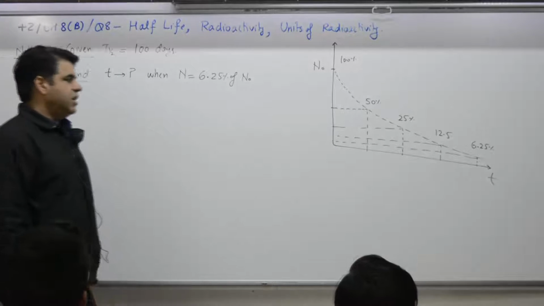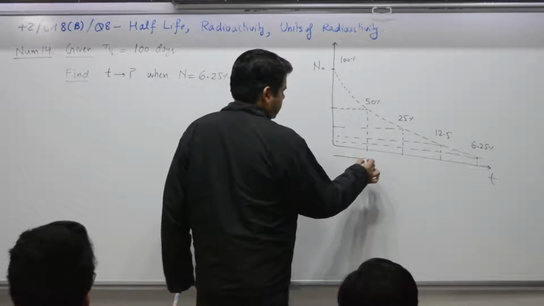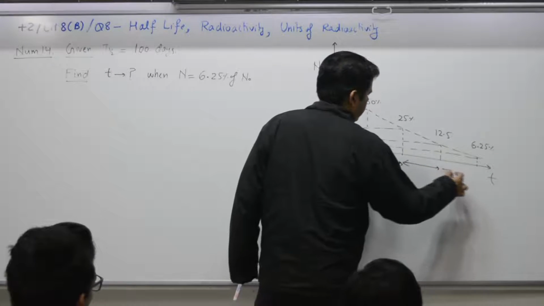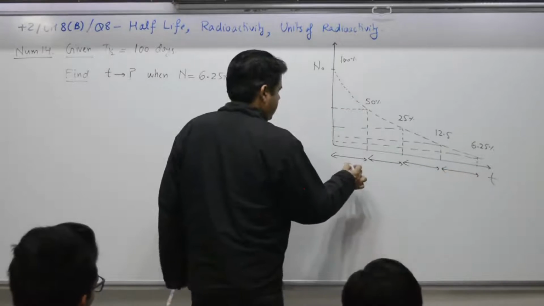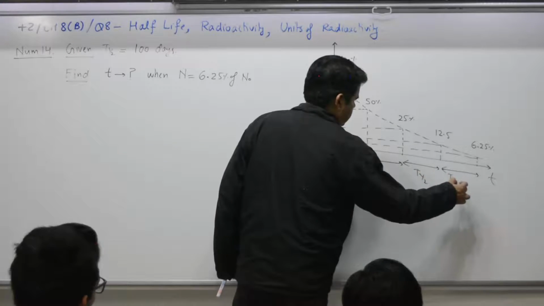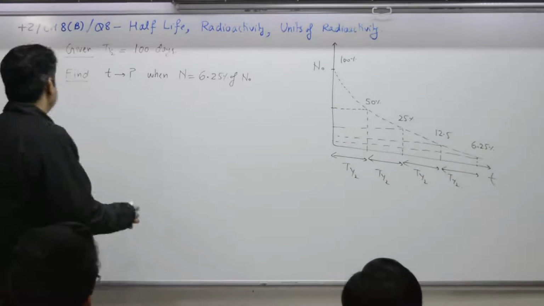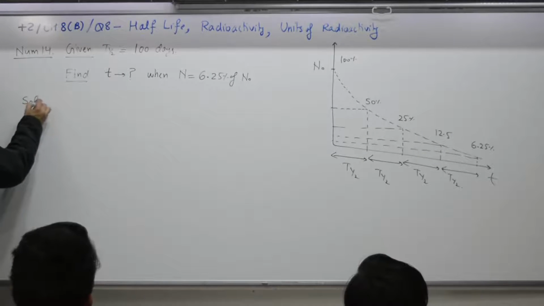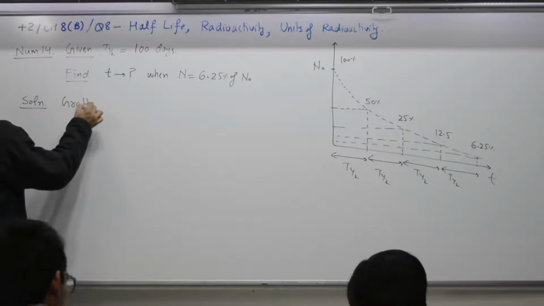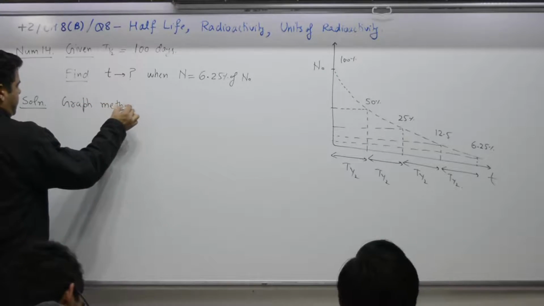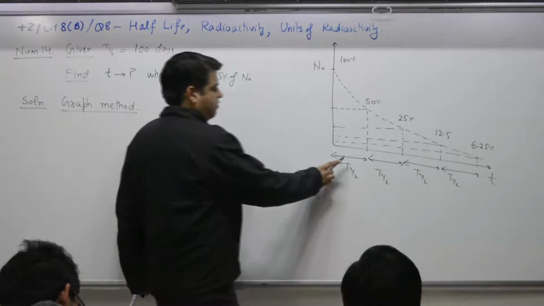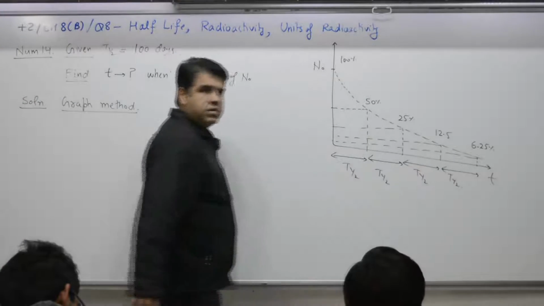We take how many half-lives? 1, 2, 3, 4. So the graph method in this case is best. This is the graph method. How many half-lives? 1, 2, 3, 4.